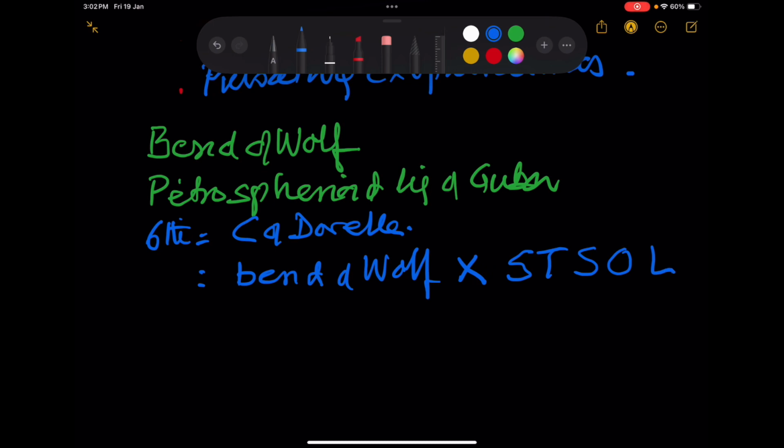A space occupying lesion, a hematoma, a tumor above the tentorium cerebelli. So as it gets stretched at this bend of Wolf, it is the lateral rectus which can get paralyzed.